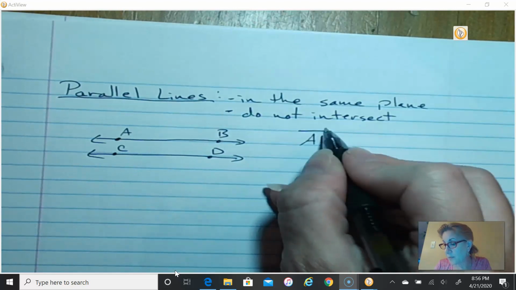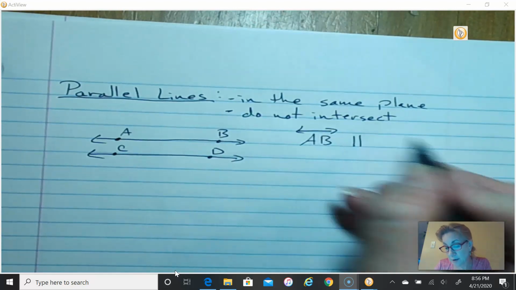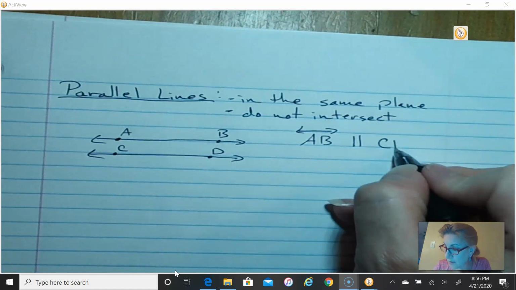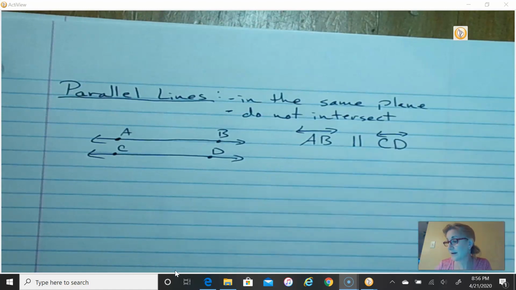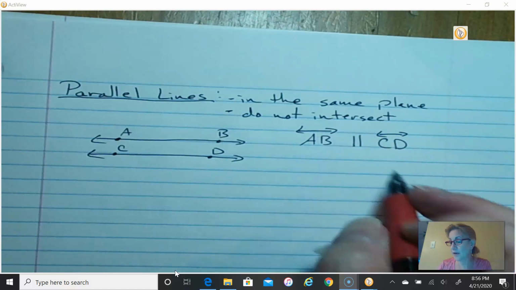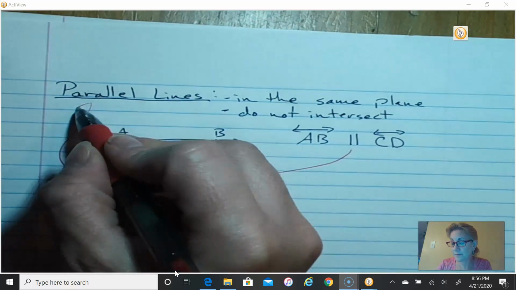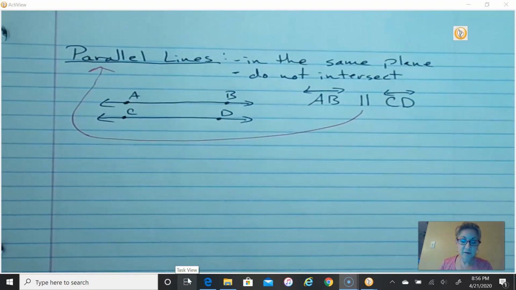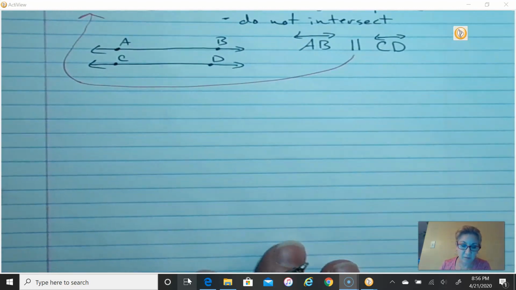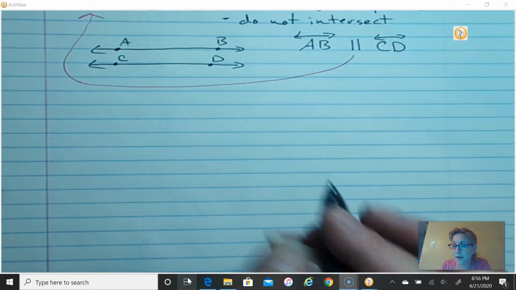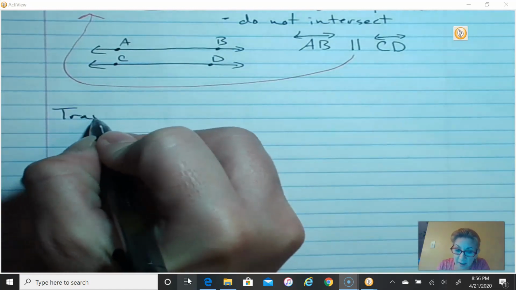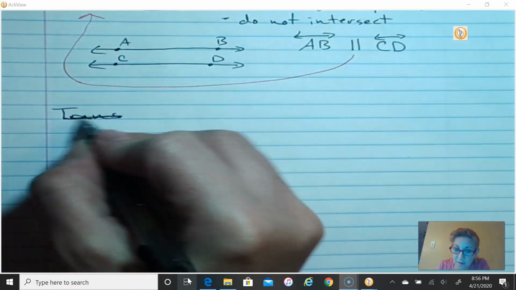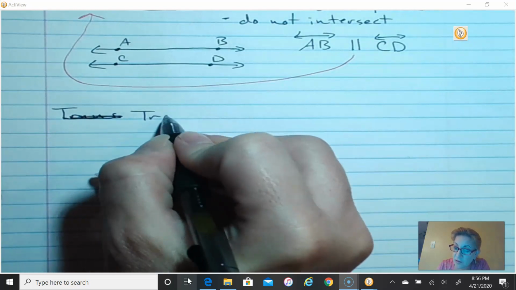So line AB is parallel, there's a symbol for parallel, to line CD. Remember that symbol there, don't forget. All right, now I can move on to the second page of notes. There's only 2 pages of notes. I may be making it to 3 tonight, but there's really only 2, so it's not too bad.